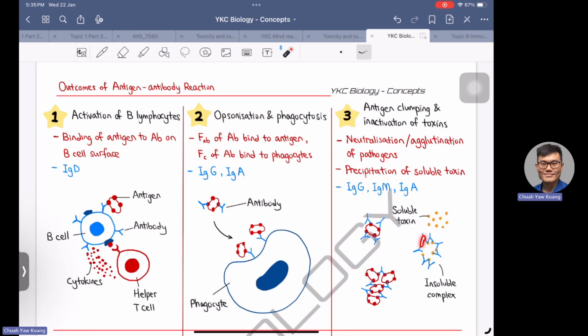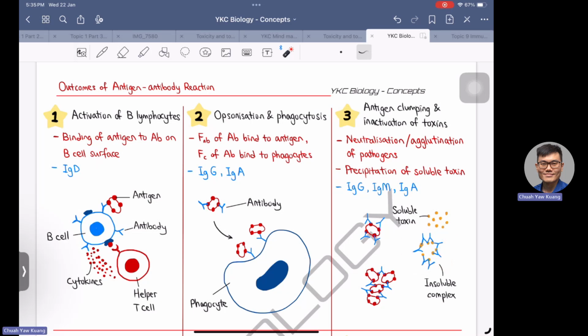This antibody will bind to this soluble toxin and form a way bigger complex. This bigger complex will make the toxin become insoluble. When it is insoluble and precipitates out, this toxin will no longer be able to cause any damage to our cell.